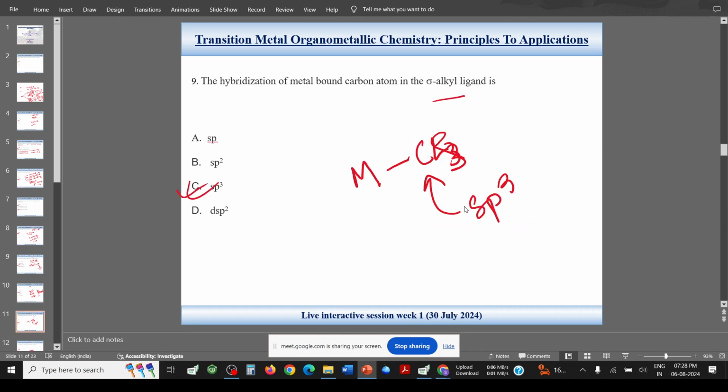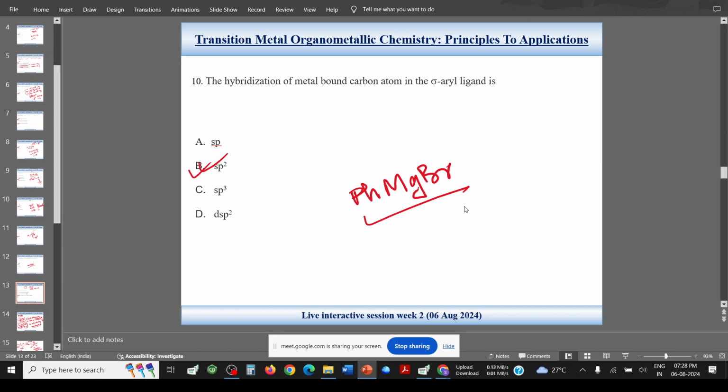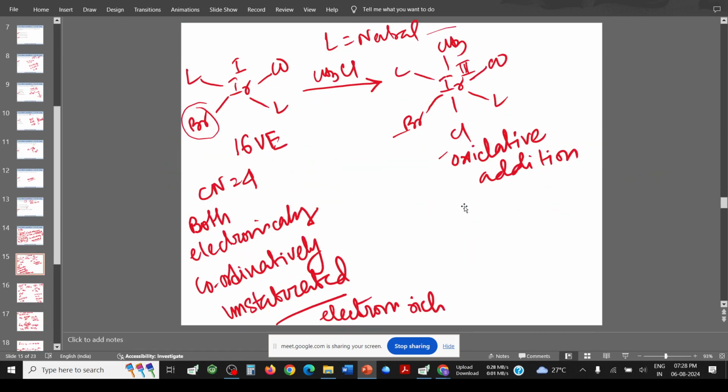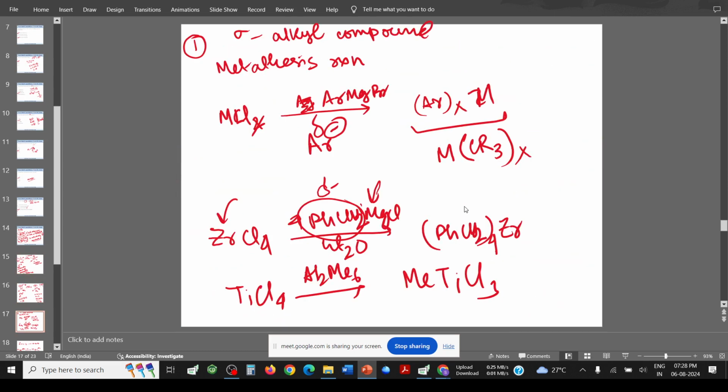And at last we have discussed some oxidative addition reactions as well as the synthetic procedures for these different sigma alkyl complexes.